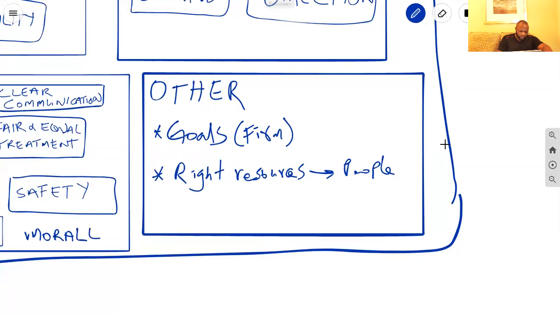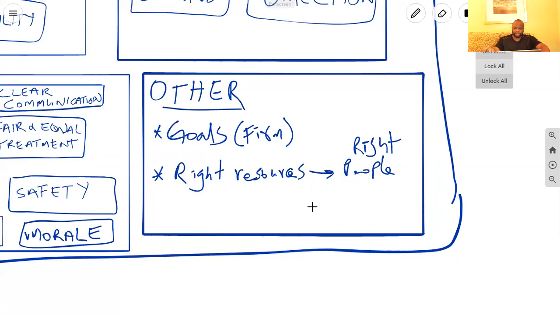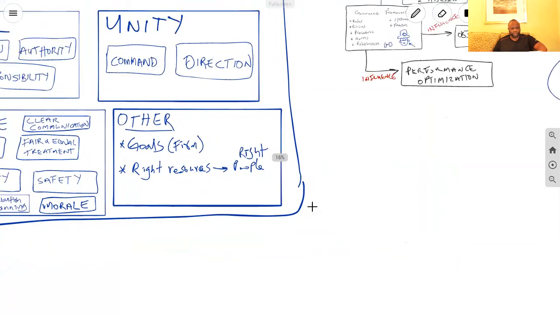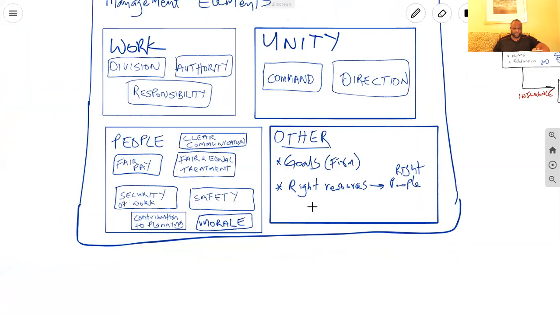So one more for the people is morale. And under other, I have goals, the right resources to the right people, of course, at the right time. So right resources to the right people. And that pretty much is a summary. There are other elements that we could extrapolate from these, but that's pretty much it.